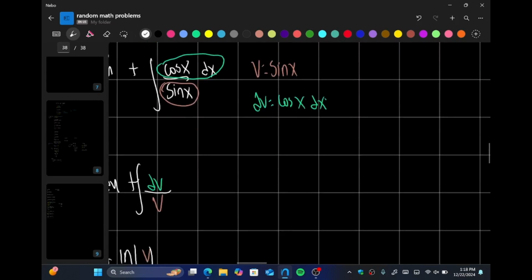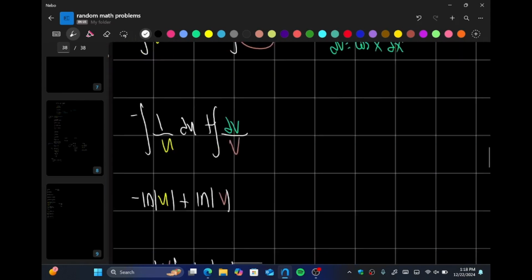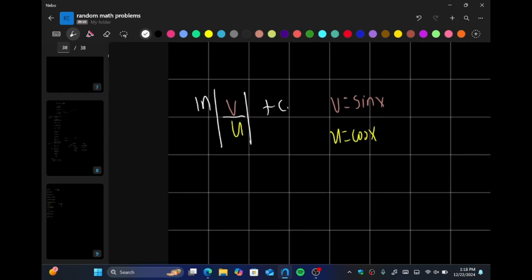Now again, v was sine x, u was cosine x. So here we're just going to say ln of absolute value of sine x over cosine x, plus constant of integration c.